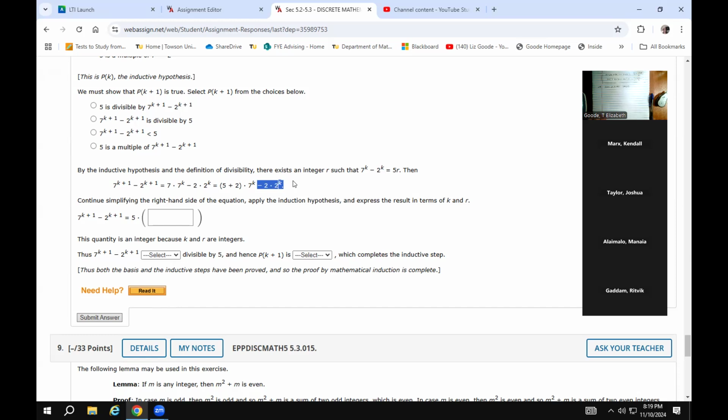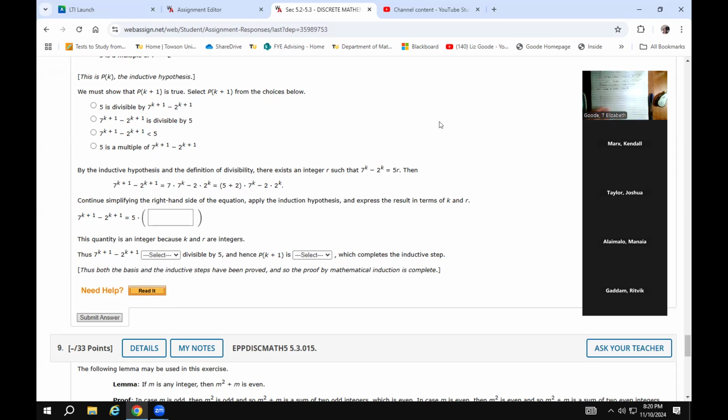So you're taking out the 2's. Well, we have this. You have to use the inductive hypothesis. You're going to see a 7 to the k minus 2 to the k in there.